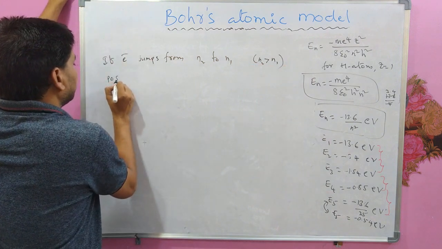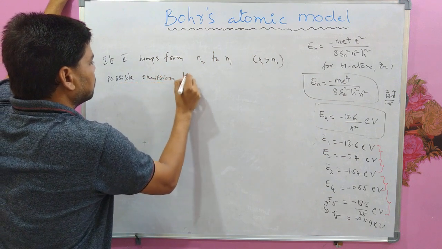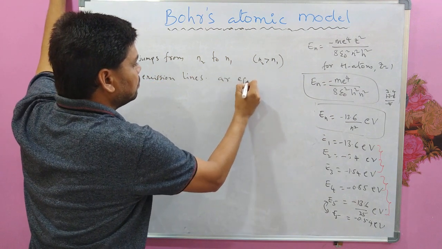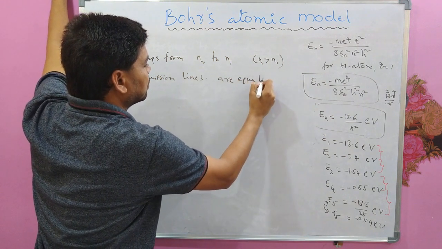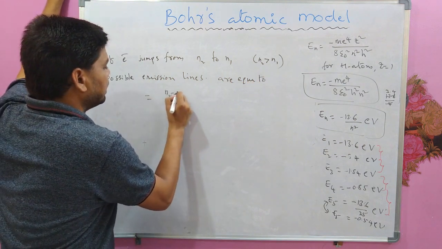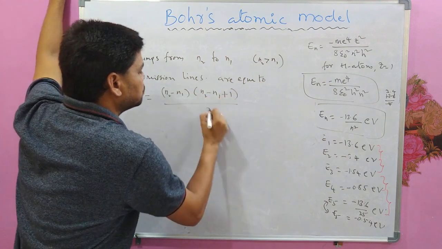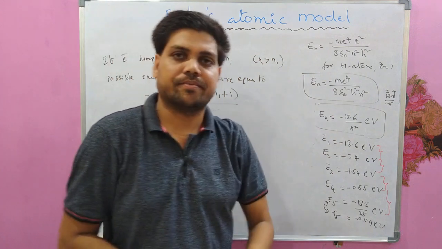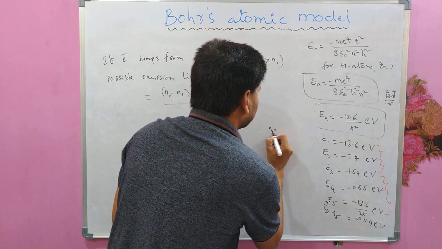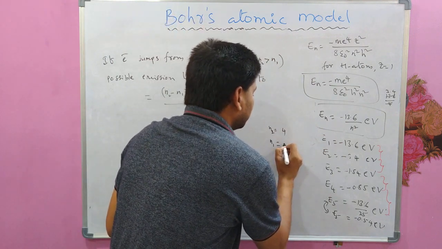with N2 greater than N1, the possible emission lines are equal to N2 minus N1 into N2 minus N1 plus 1 by 2. This is very, very important. Which means, for example, consider N2 equal to some 4 and N1 equal to some 1.